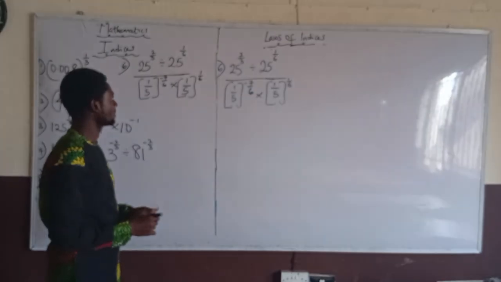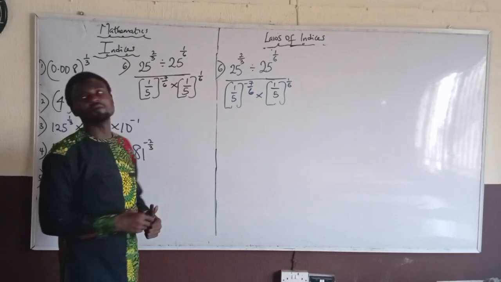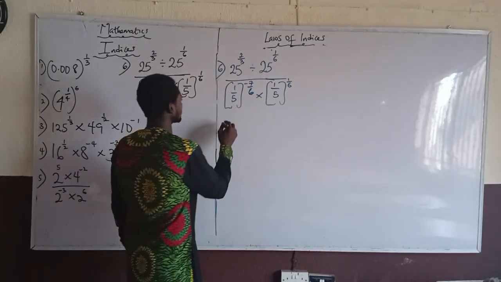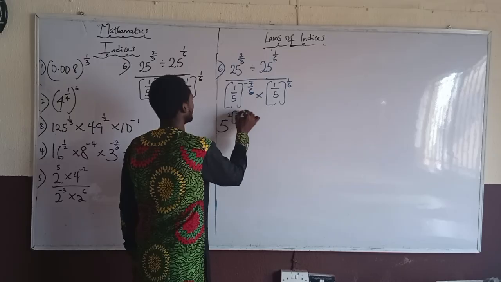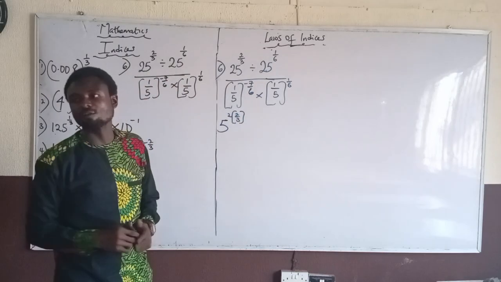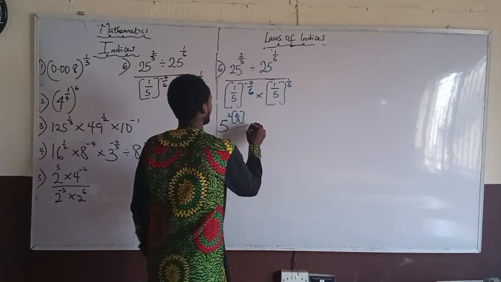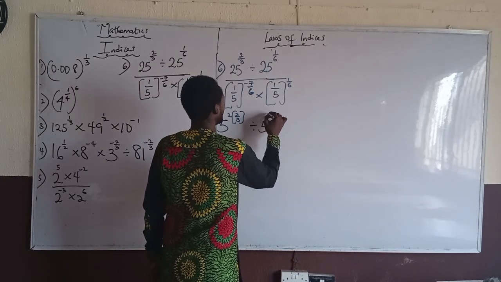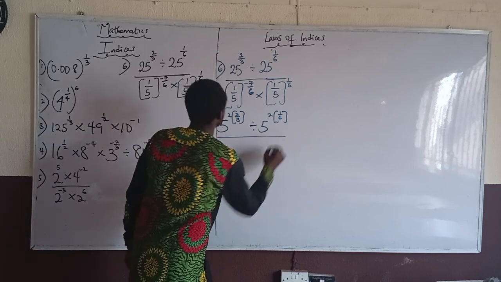So here, I have to break all of them to a base of 5. So here becomes 5 raised to power 2 times 2 over 3. Yes, 25 is 5 raised to power 2. When I multiply 5 2 times, I will get 25. Divided by 5 raised to power 2 times 1 over 6.